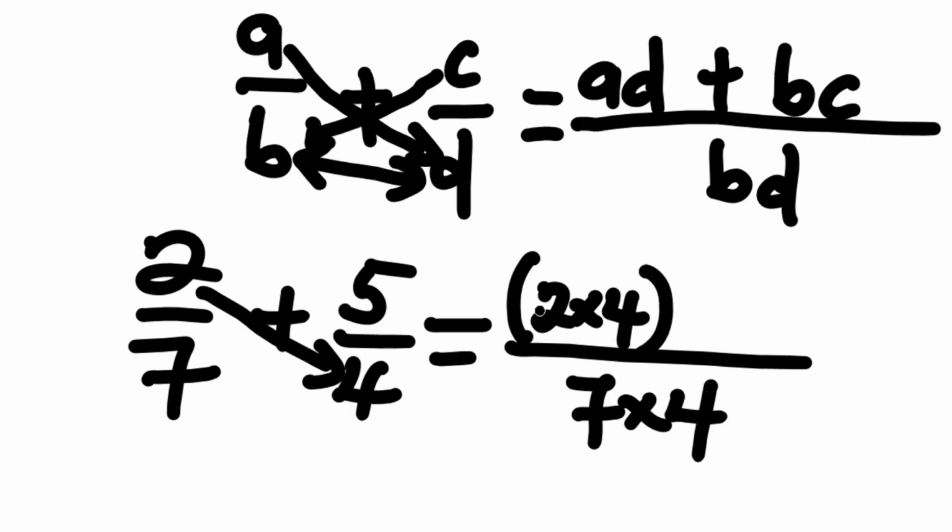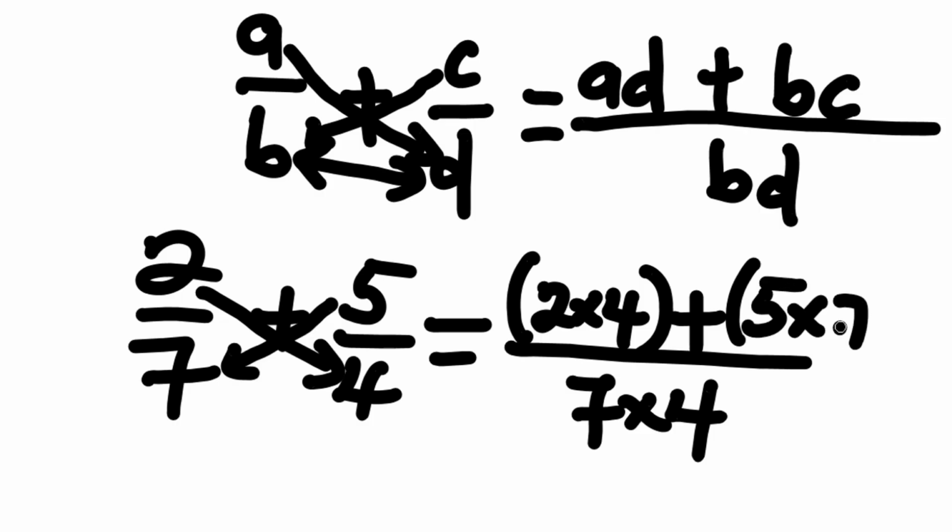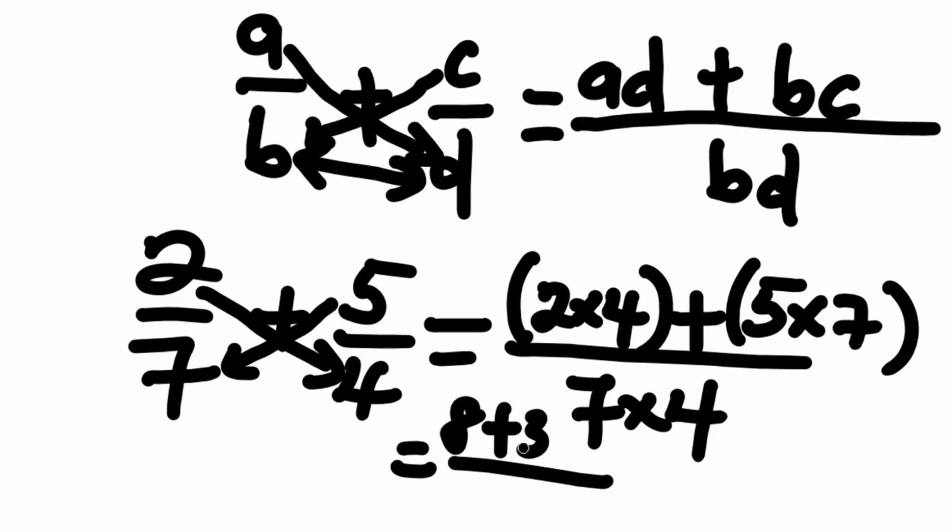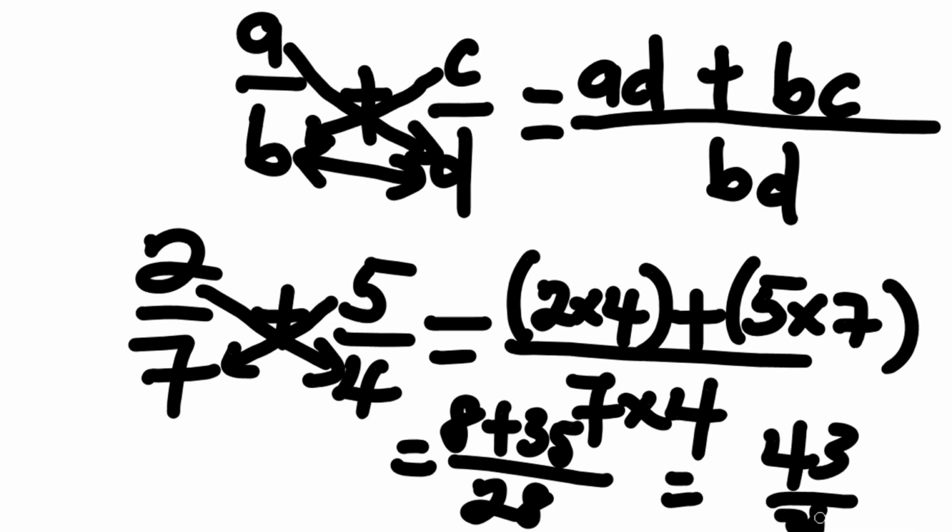Then the sign is plus, so you put plus between them and open another bracket for 5 to multiply 7, so it's 5 times 7. This is how we do addition of this, and then you simplify to get the numerator: 2 times 4 is 8, plus 35, and 7 times 4 is 28. Then you further simplify to get 8 plus 35 is 43 over 28.